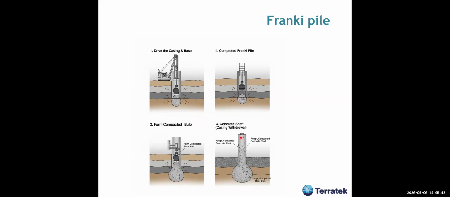And then you install the cage, the reinforcing steel bars, and we use the same hammer to drive blows to the pile as we extract the steel casing. And this was very, very common, especially I think in the 70s, and today a little less.